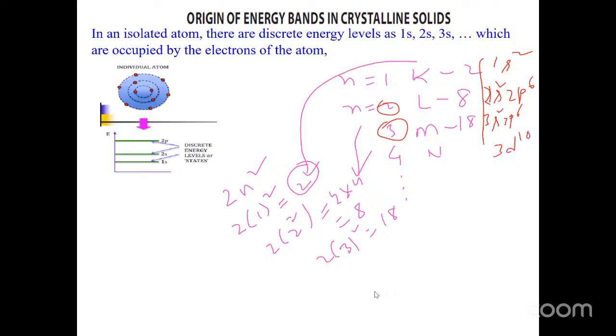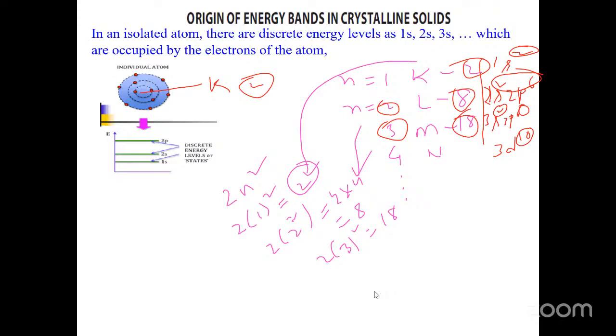Add these: 10 plus 6 plus 2, the total is 18. 2 plus 6, 8 electrons. Only 2 electrons in the first. Getting my point? So that's why in the inner shell K, how many electrons are there? 2 electrons.